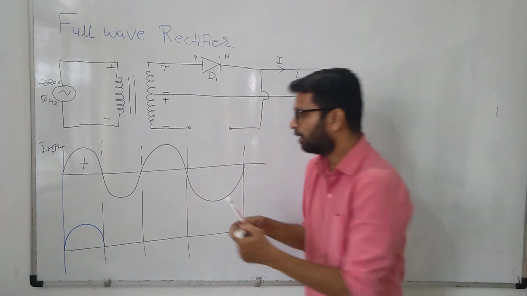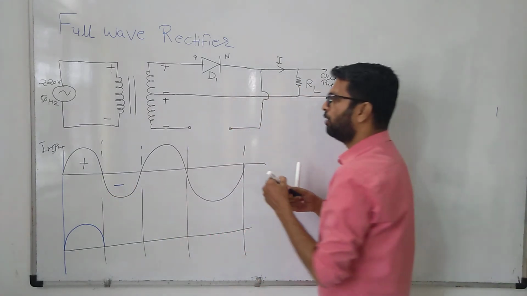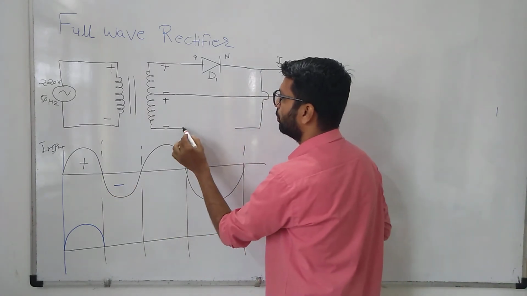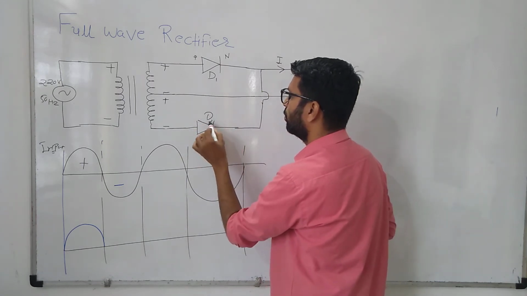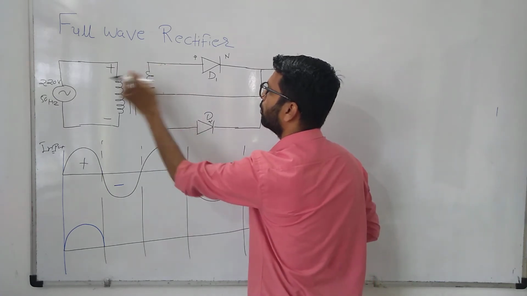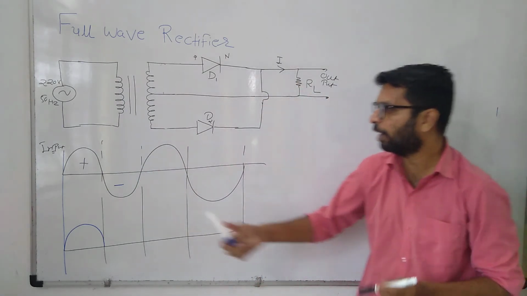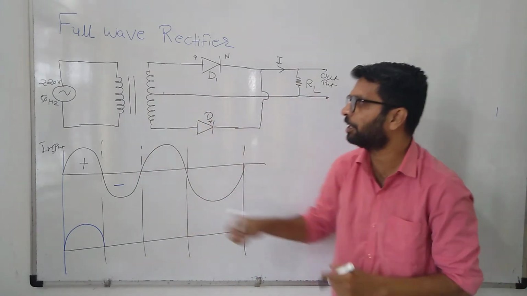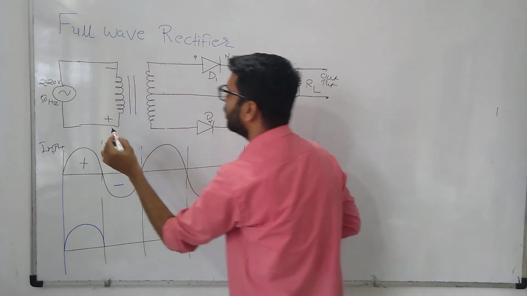Now during the negative half cycle of the input wave, again we will draw diode D2. During the negative half cycle, the polarity at the input side will be minus, plus.